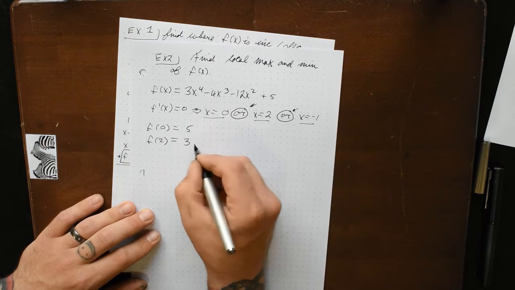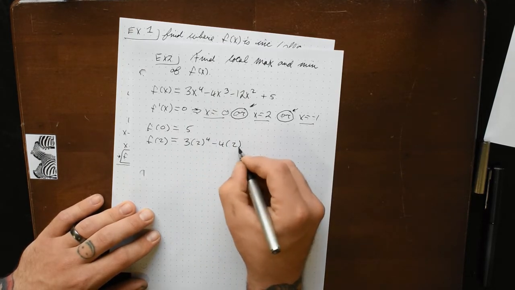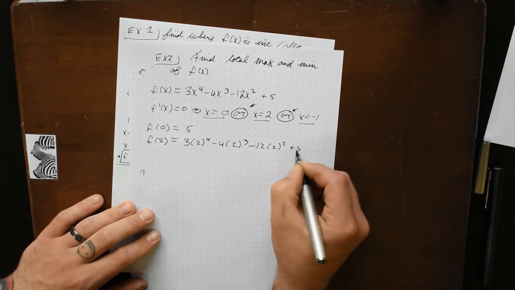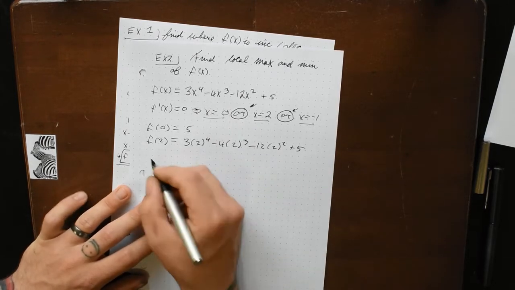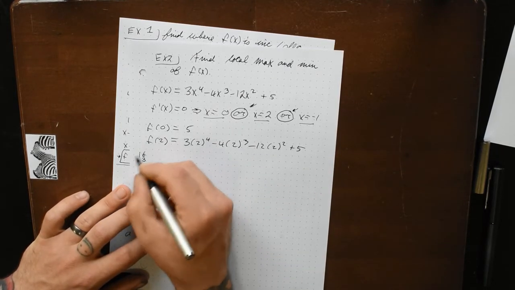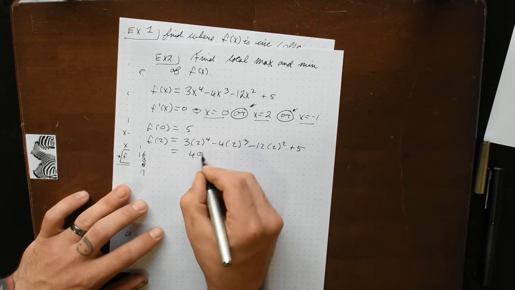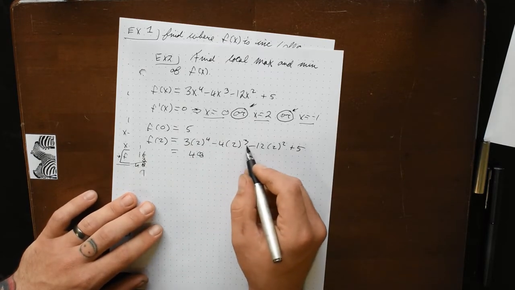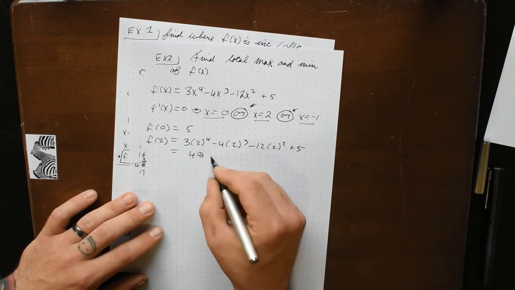It's equal to 3 times 2 to the 4th minus 4 times 2 cubed minus 12 times 2 squared plus 5. 2, 4, 8, 16. And 16 times 3 is 48. 2, 4, 8. 8 times 4 is 32.